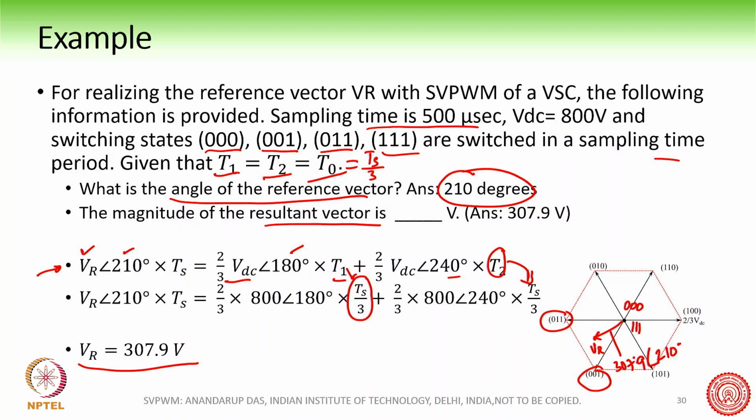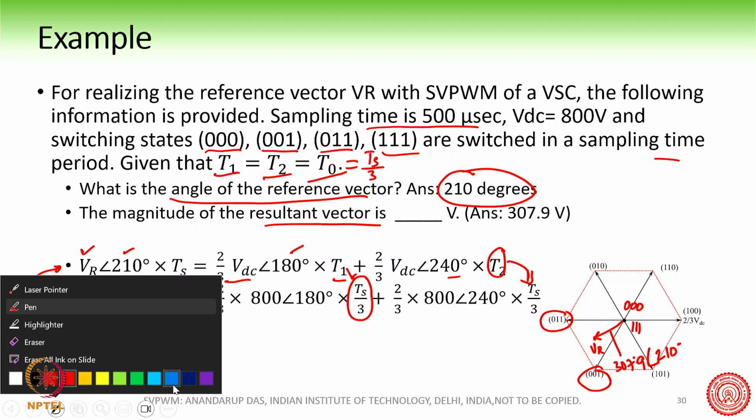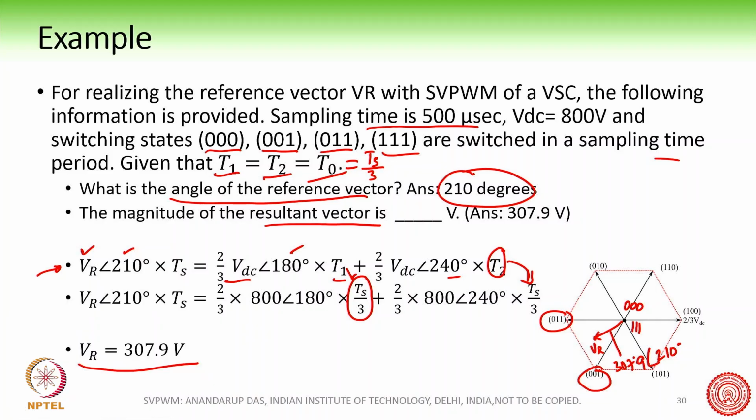The other way of finding it is also easy: we can do it geometrically. This is the triangle and we know its side length, 2/3 VDC.